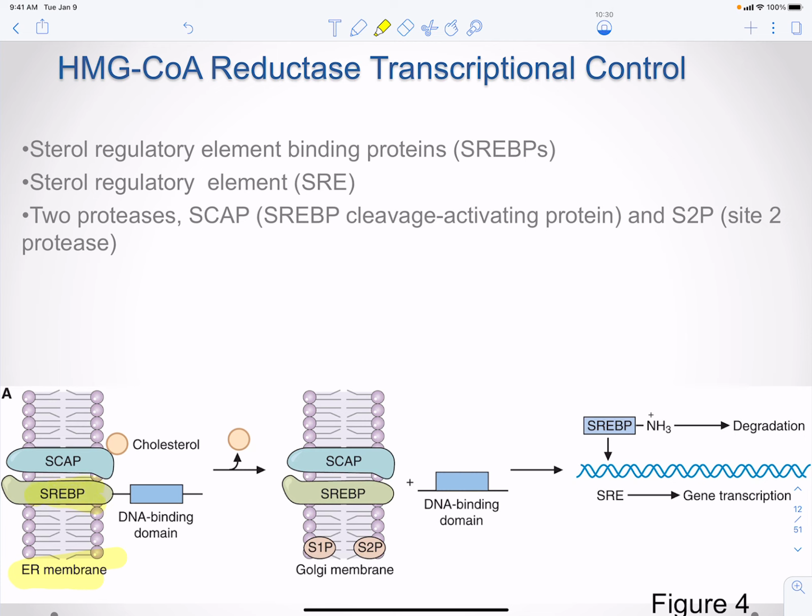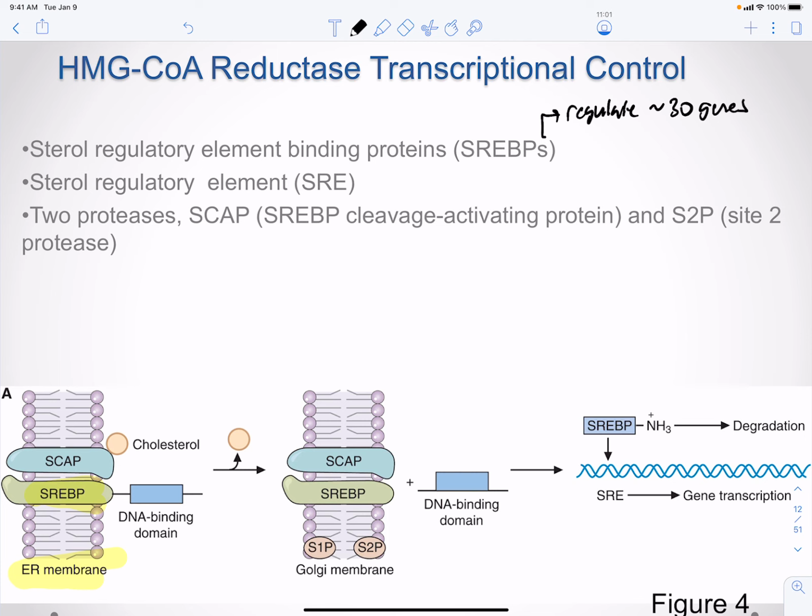Sterol regulatory element binding proteins have a DNA binding domain attached to them, and they are going to actively regulate the expression of more than 30 genes. Okay, and so this DNA binding element is held sequestered in the ER by the sterol regulatory element binding proteins.